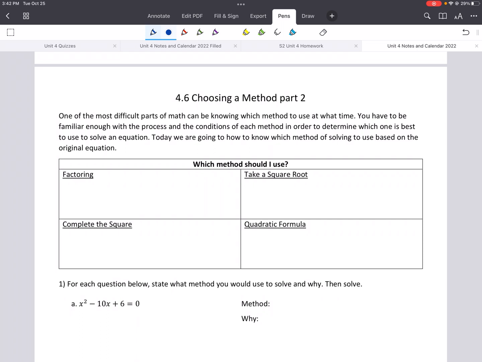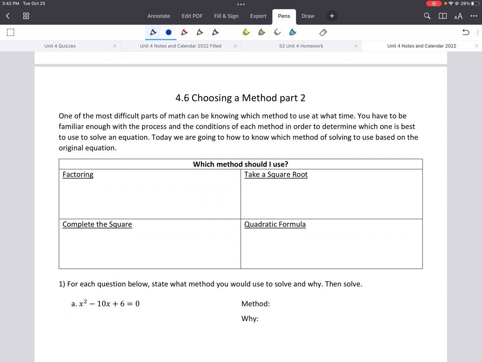And then you will also have maybe 3 or 4 where you'll just be able to choose which method. And you could do the same method. I mean, if you like the quadratic formula, bam, you could just do the quadratic formula for all of them. Again, they might take more time or you might run into mistakes, but that always works, right?